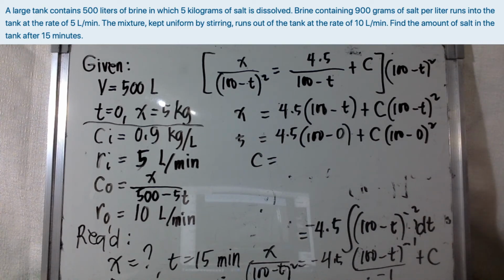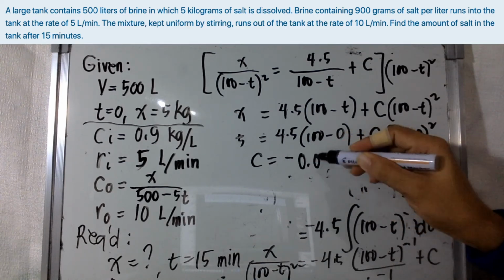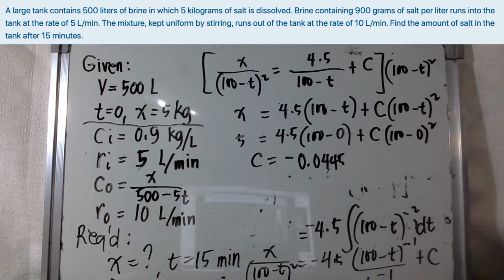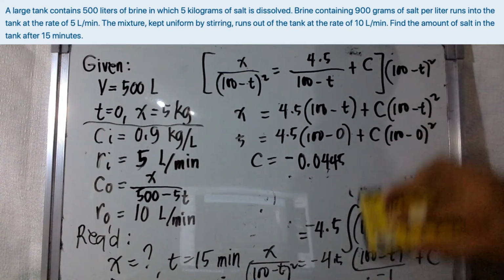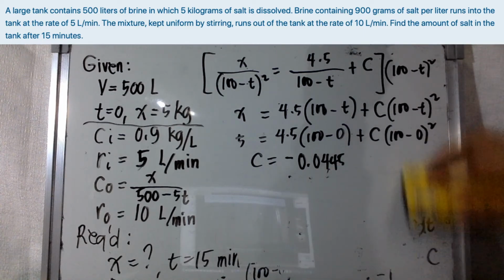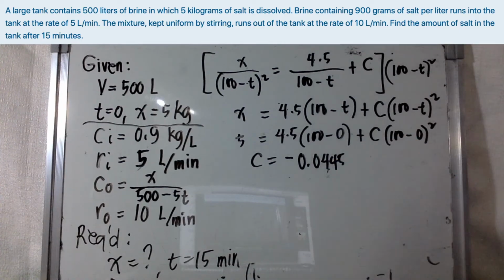Okay, let me use my calculator. 445 divided by 100 squared, so we have negative 0.0445. Okay, so now we rewrite our solution. The expression will be the amount of salt at any time t.